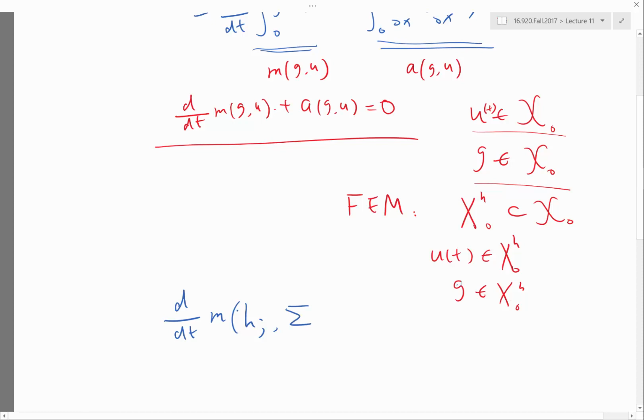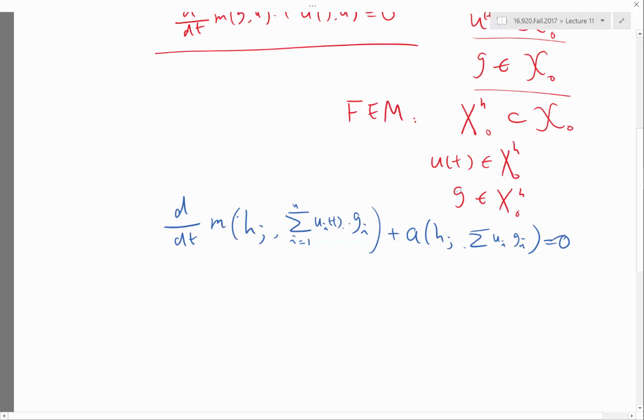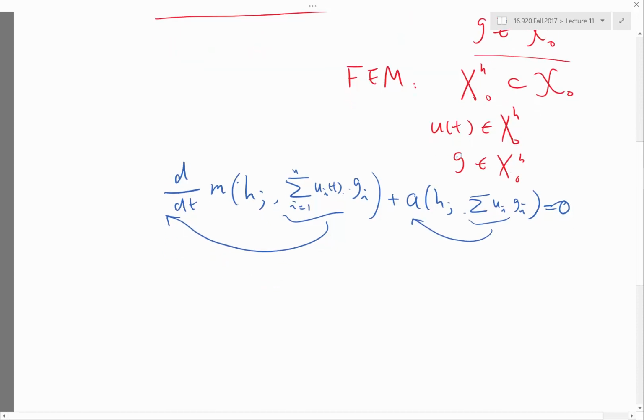So h_j with a linear combination of u_i, which is a function of t now, times h_i, where i goes from 1 to n, plus A of the same h_j and the same summation of u_i h_i has to equal 0. Then you pull this summation out of the bilinear form and also the time derivative. No, not the time derivative. You can't pull u_i out of the time derivative because u_i is a function of time. But you can pull the summation out of the time derivative.